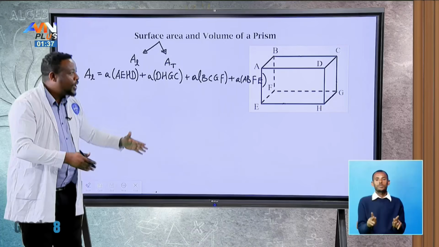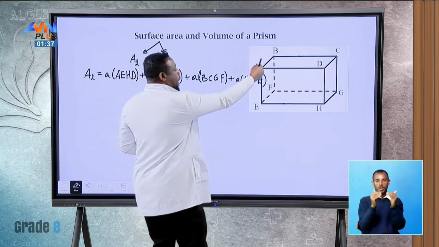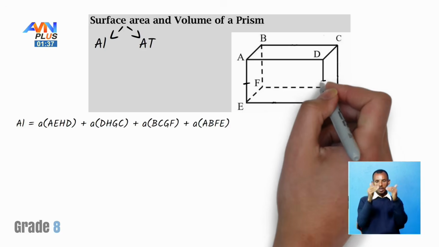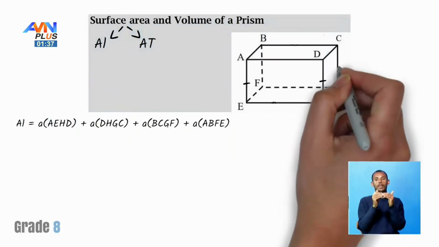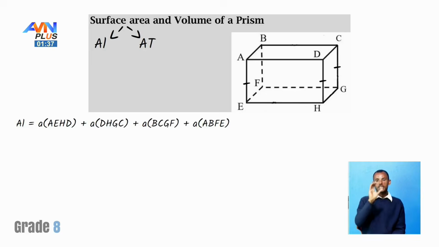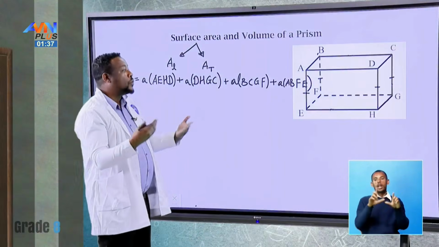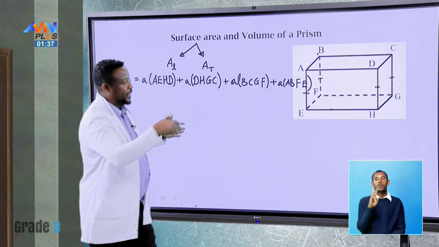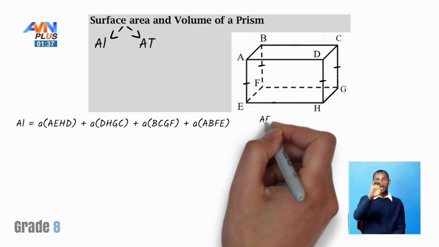So now, next we apply the property of a prism. We said that all the lateral edges are congruent. That means AE is congruent to DH, and DH is congruent to CG, and CG is congruent to BF. By the property of a prism, all the lateral edges are congruent, so we substitute this.